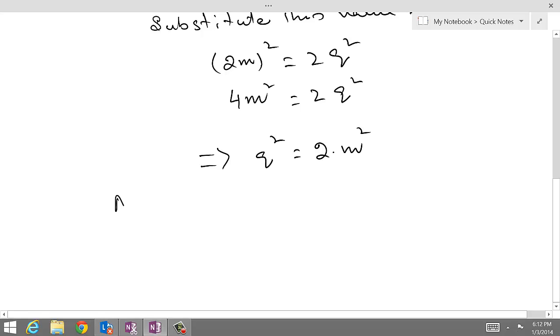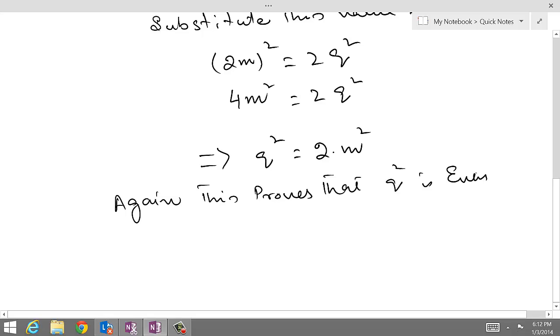Again, what does this prove? This proves that q square is even, because it's a multiple of 2, and hence q must be even.